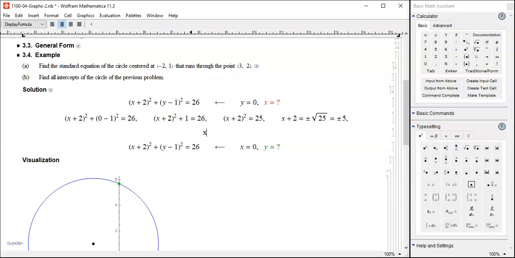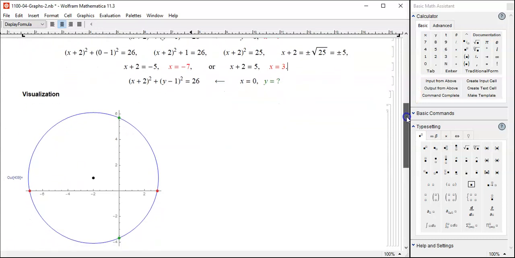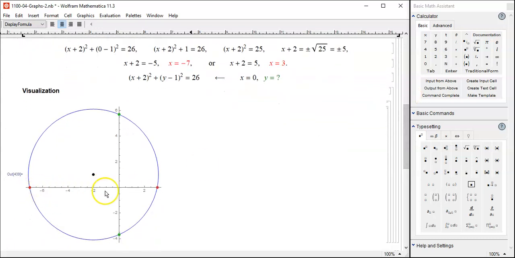So we have x plus 2 is equal to -5, in which case x is equal to -7, or x plus 2 is equal to +5, in which case x is equal to 3, and there you go. This and that are these two red points.